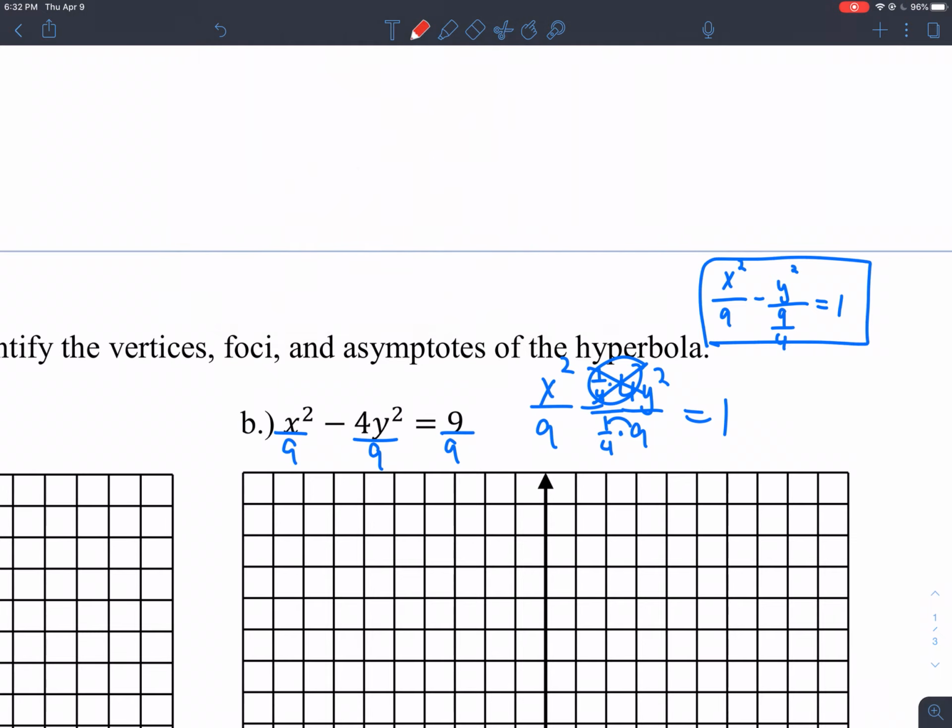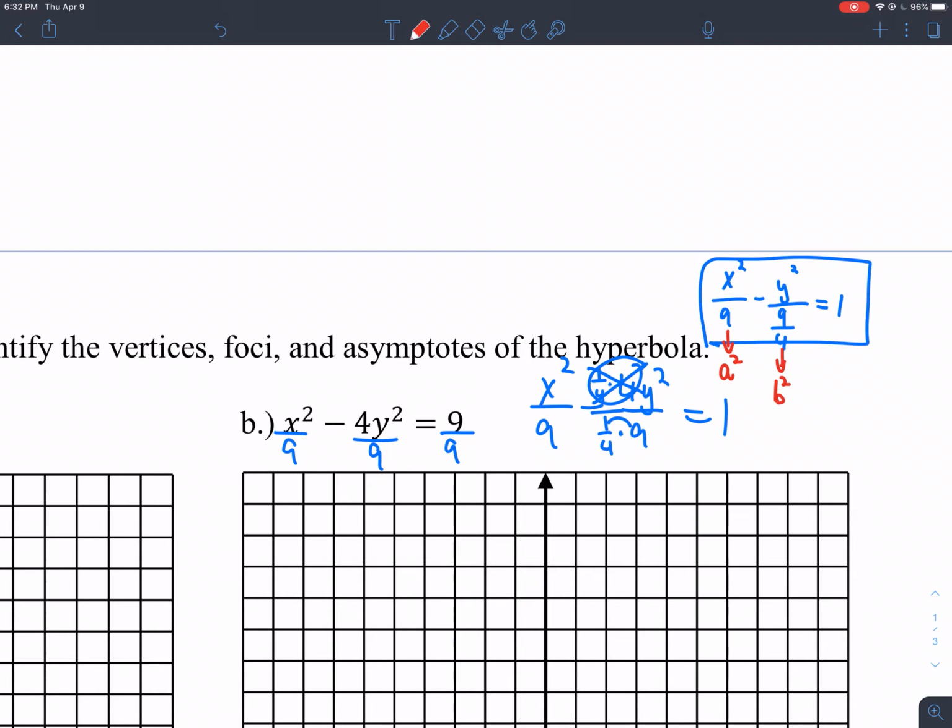So, remember, in this case, a squared is always the denominator of the fraction in front of the minus. And so this would be my b squared.